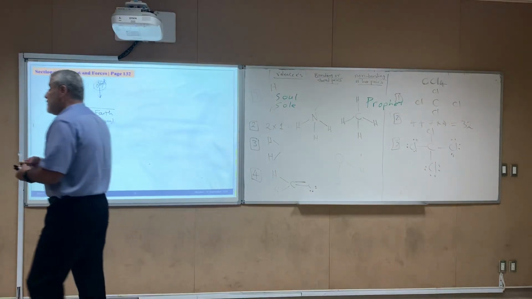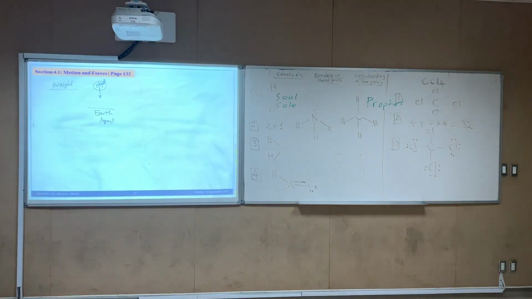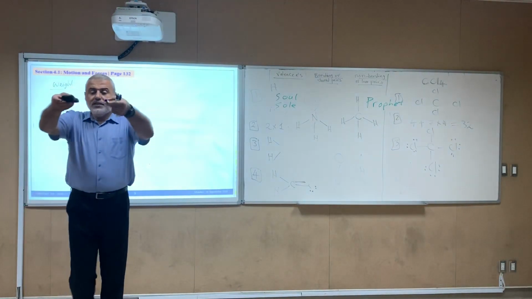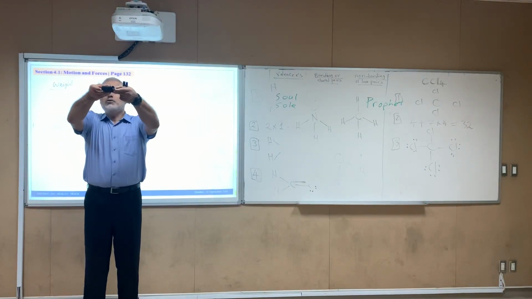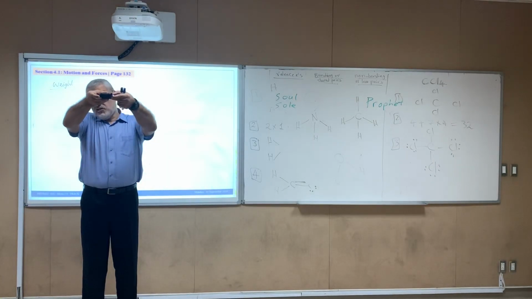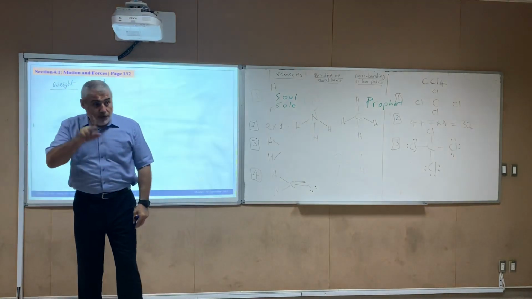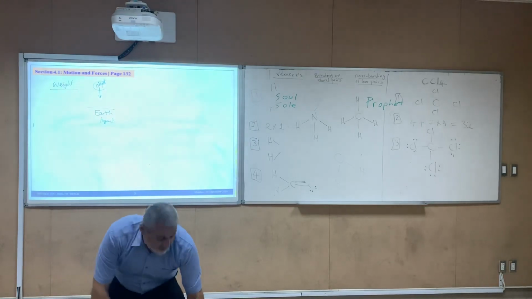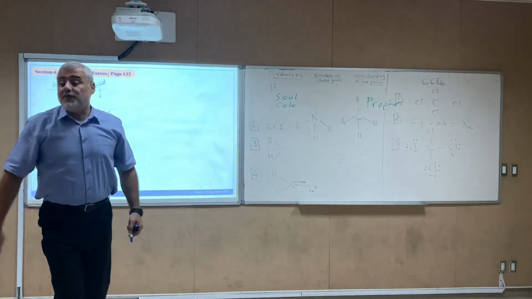If you have two different objects, like this marker and this eraser, and you release them from the same height, which one will reach the ground first? The marker? Let us try. Both of them. Who can justify this for me?